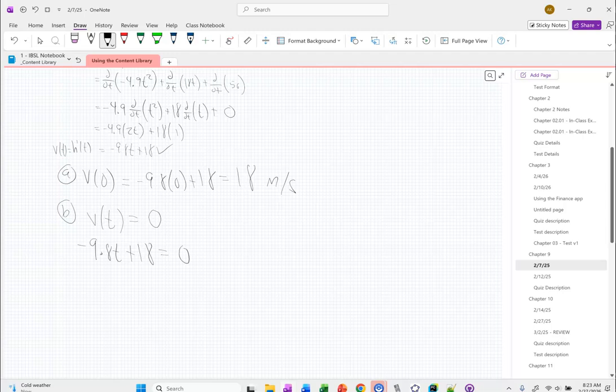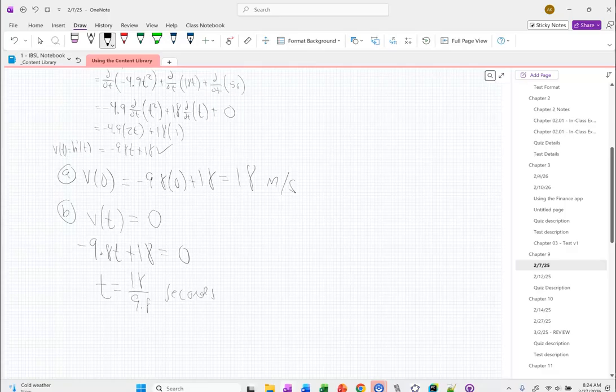I'm going to subtract over the 18 and then divide by negative 9.8, right? Everybody okay with that? Now let's put on our physics hats and think about what's actually happening.